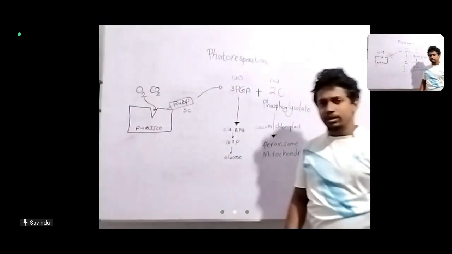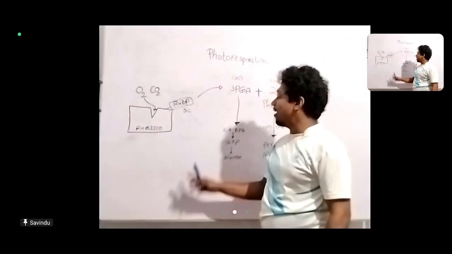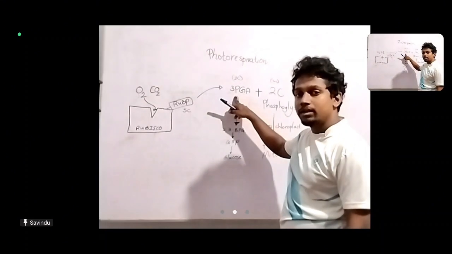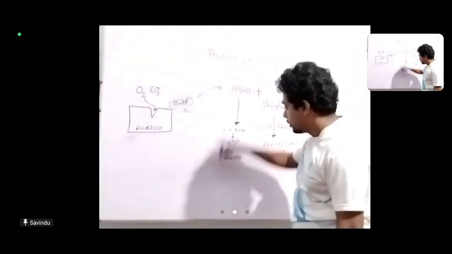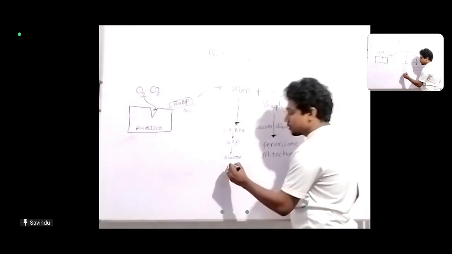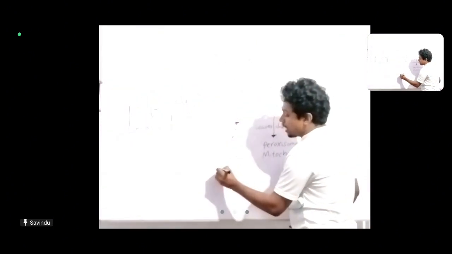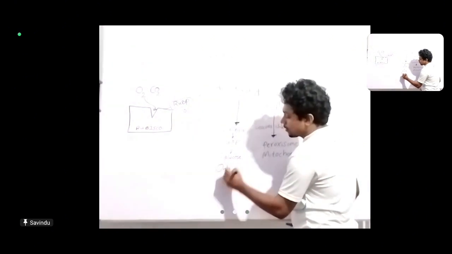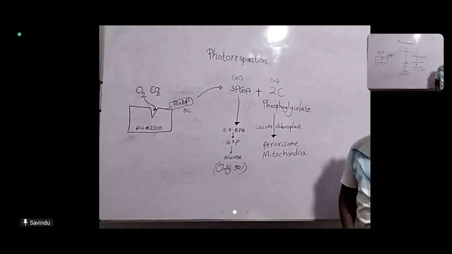Is this good? No, this is not good. Why? Only one PGA is produced, so the amount of glucose synthesized is only 50%.